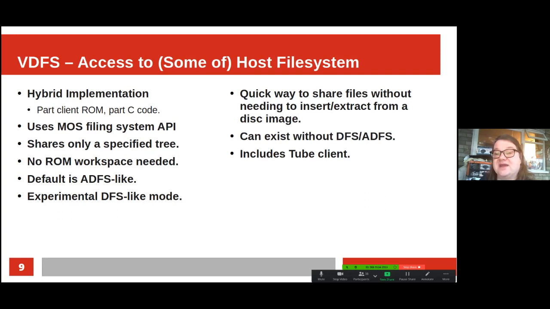So it allows you to share a piece of the filing system on the host that's running the emulator. So you can use it to immediately access files that you've just written on the host without having to use tools to insert them into an SSD file or something of the like.